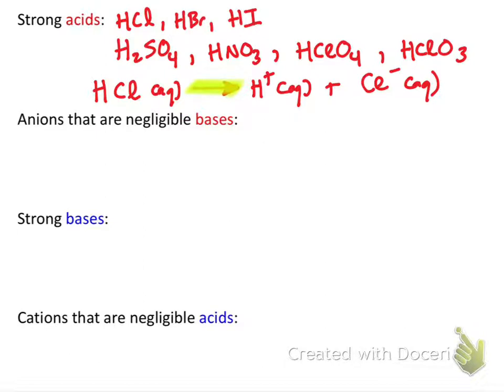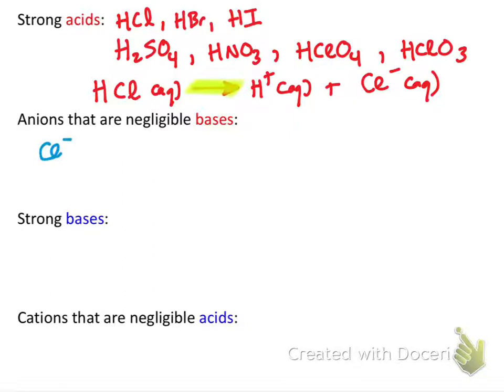One-way street here. If these anions can't pick up an H plus floating in solution, are they going to hydrolyze water and break it apart into OH minus by taking a proton from it? No, probably not. So if we know the strong acids, the anions that are negligible bases become really straightforward.